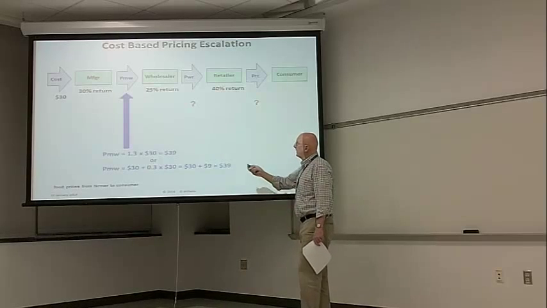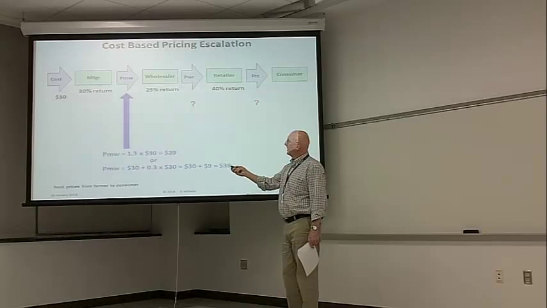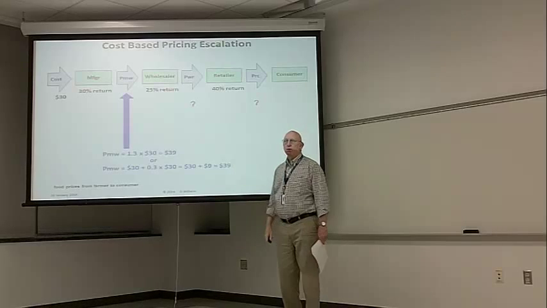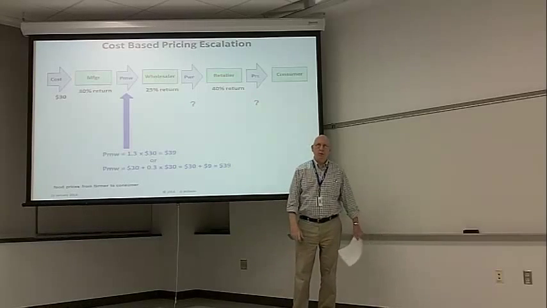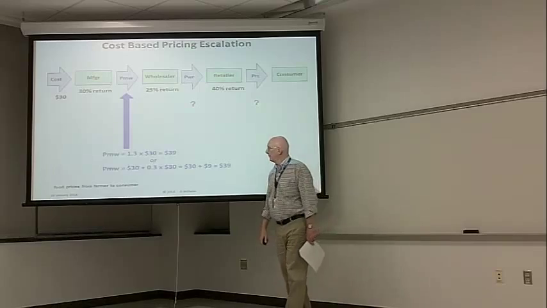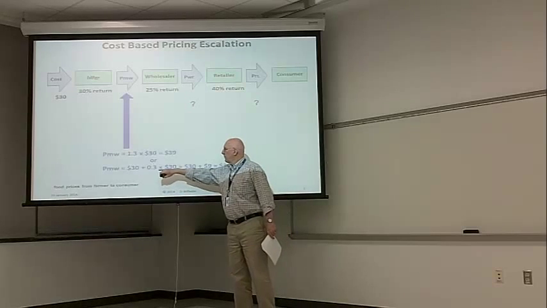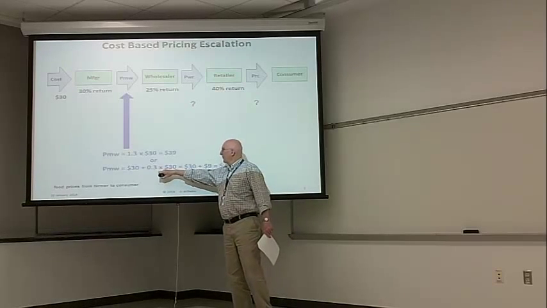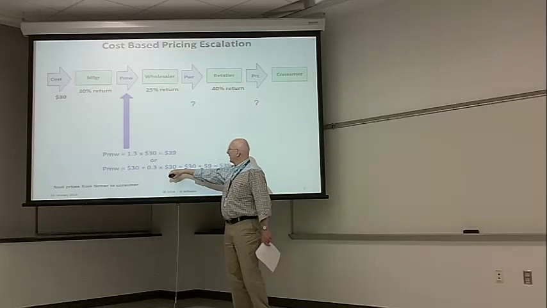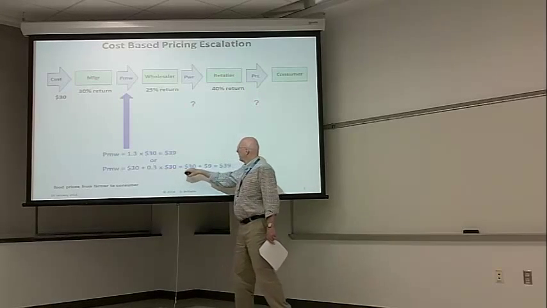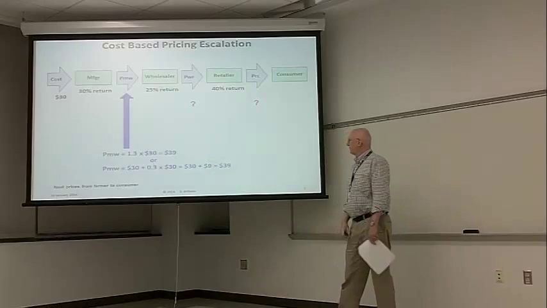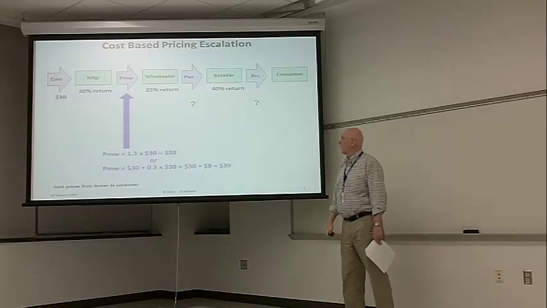What we did was we took the manufacturer's cost times 1 plus the return. Or if you want to do it a little more step by step, it can be equal to $30 plus 0.3 times 30, that is that 30% return, or 30 plus 9 equals $39.